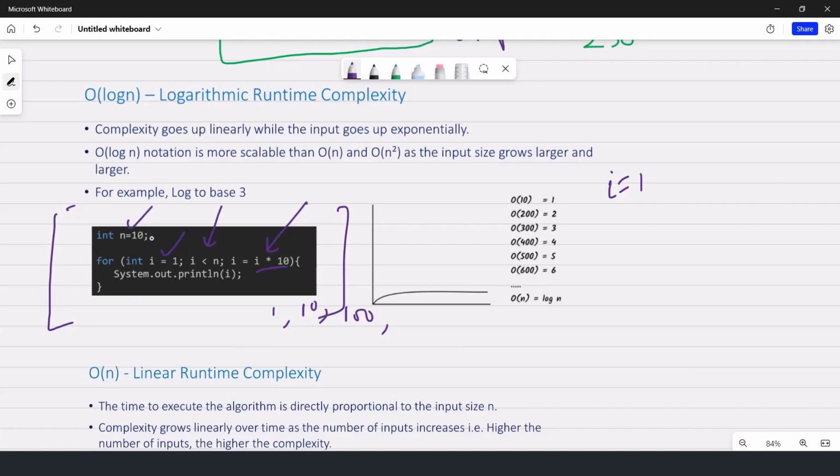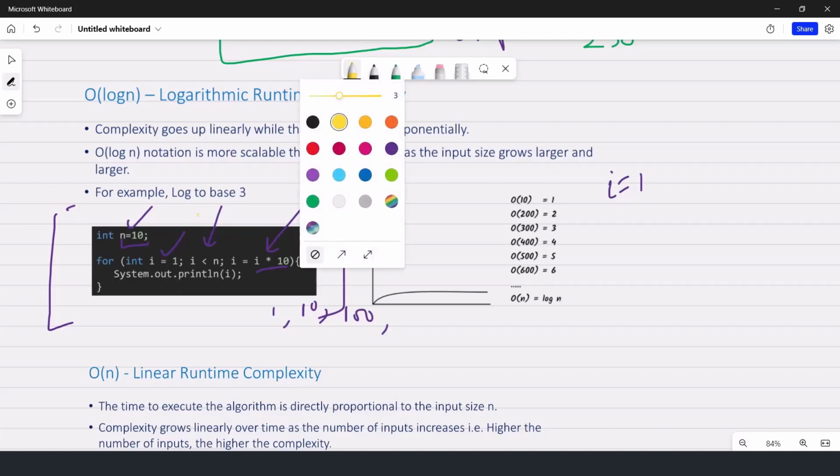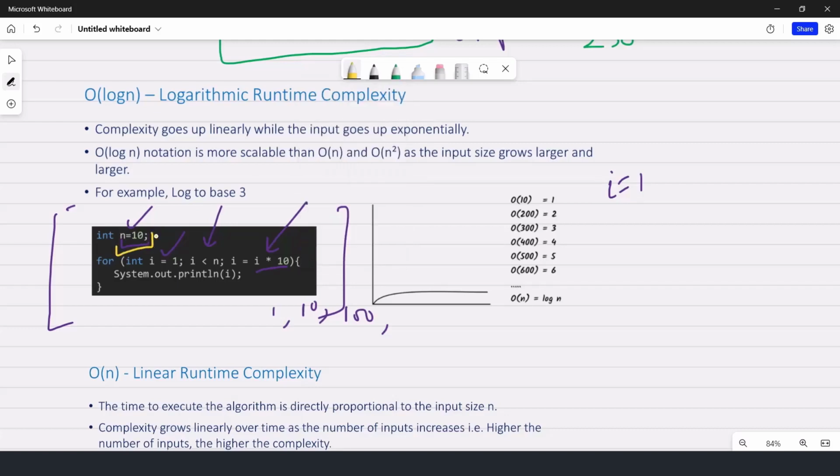So in this specific case where n is fixed, that is n equals 10, the loop condition i less than n will be satisfied until i reaches 10, because n we have taken is 10, right? So the number of iterations required to reach or exceed 10 can be determined as: 1 into 10, 10 into 10, 100 into 10.